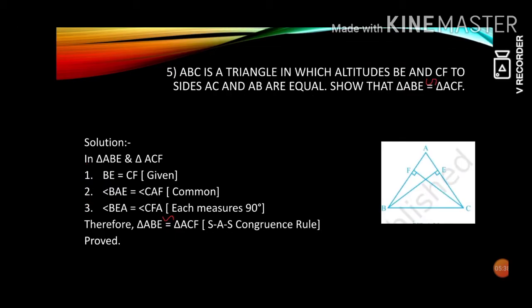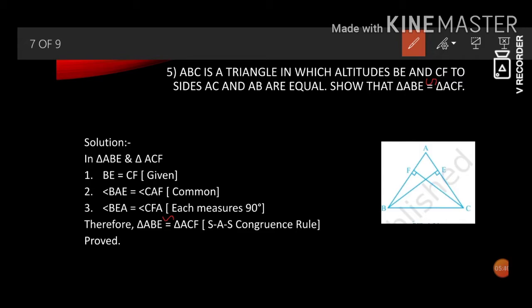Question number 5, we have triangle ABC in which the altitudes BE and CF to the sides AC and AB are equal. So the altitudes BE and CF are equal, not the sides AB and AC. Only the altitudes are equal. So we have to prove that triangle ABE is congruent to triangle ACF.